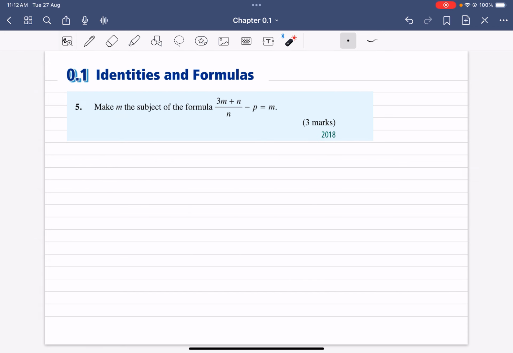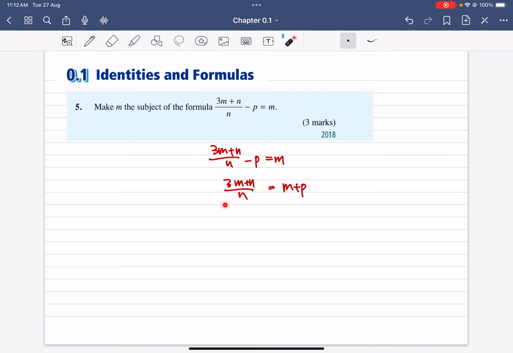Okay, the next one. So you have (3m plus n) over n minus p equals m. So this time you need to think about it: you have a minus p here and you have a fraction over n here. You have to try to move this minus p to the right hand side. It will be easier. So like this, m plus p equals (3m plus n) over n. Why is it easier? Because on the left hand side you have only one fraction.